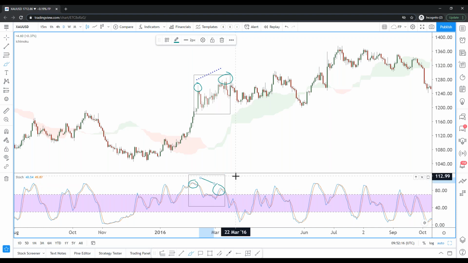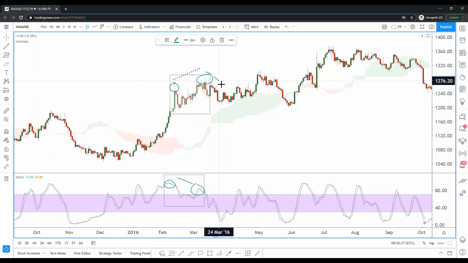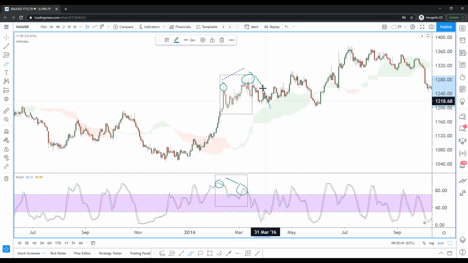What this translates to is that there is bullish momentum, but this bullish momentum can be exhausted, which is also the reason why we could be seeing a reversal. Following this divergence, prices actually retreated slightly lower. This is an example of a bearish divergence, where your prices are pushing higher, but your stochastics is pushing lower.